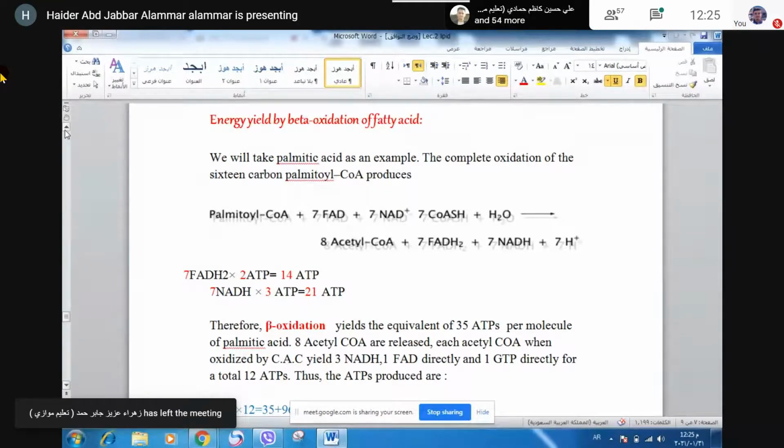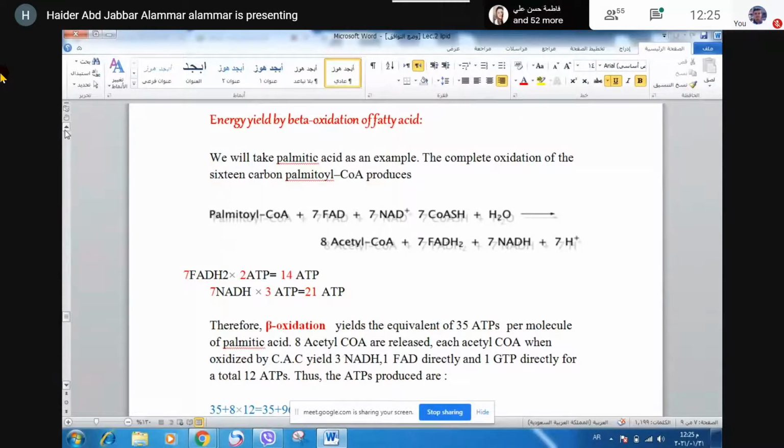So the total summation of 14 plus 21 equals 35 ATP. So the total energy by only beta oxidation of palmitic acid is 35 ATP.